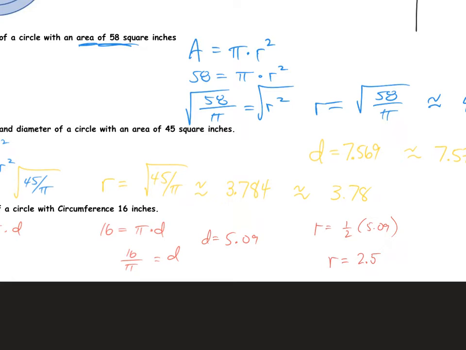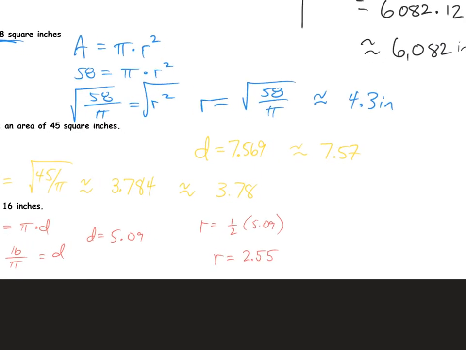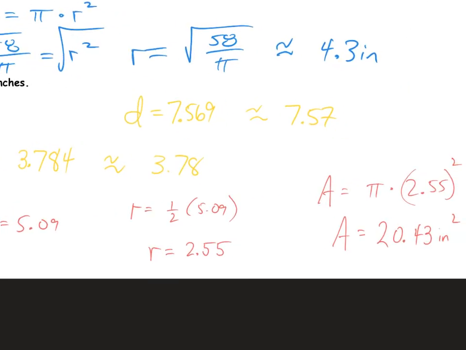So now if I want to find the area, it is equal to pi times that 2.55 squared. So all I'm going to do is take 2.55, square it, and then times that answer by pi, and I get about 20.43 inches squared. I believe we were in terms of inches, and we were.